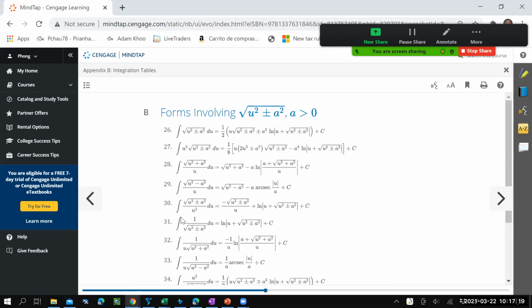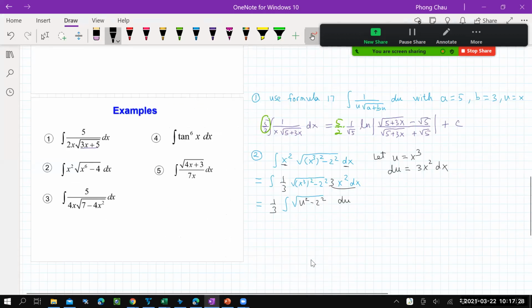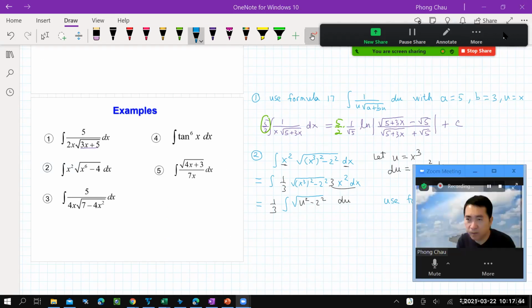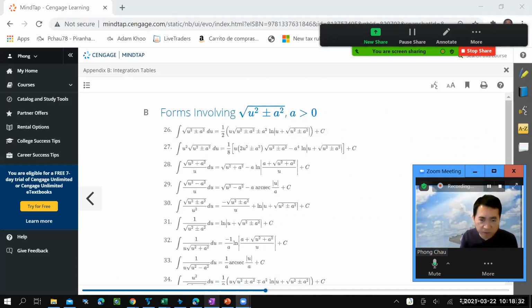Nothing else beside the root, the difference of squares there. So we use formula number 26.